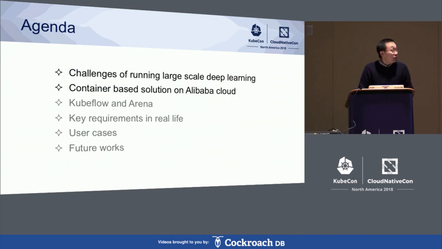Okay, so here is my agenda for today. I will cover 3 parts of the session. The first one is a brief look at the key challenges we met when we run large-scale deep learning tasks, and how we handle these challenges using our container-based solutions on Alibaba Cloud. Secondly, I will give a quick introduction to the projects Kubeflow and Arena, those 2 open source projects we are using to help our clients accelerate their deep learning work on their cluster.